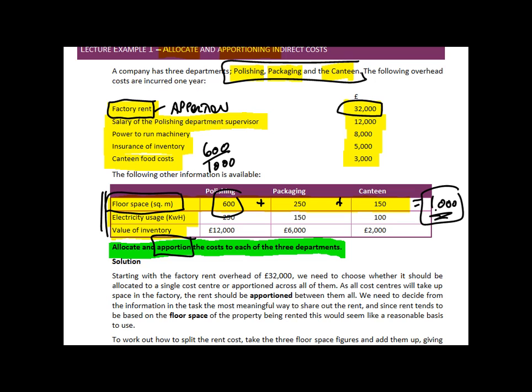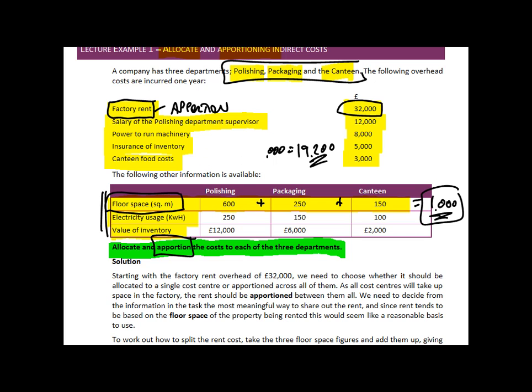If you do that on your calculator, 600 divided by 1,000, I get 0.6. That tells me the polishing department occupies 60% of the factory space, which means they deserve 60% of the 32,000 cost. 0.6 times 32,000 is £19,200 that I would apportion to the polishing department. That's their share of the rent cost.